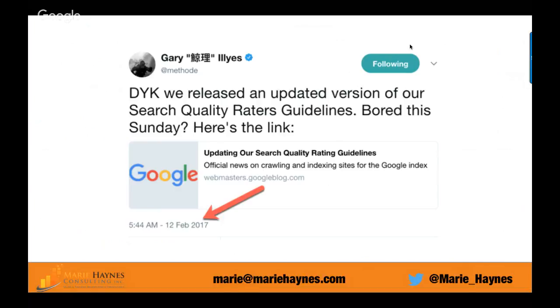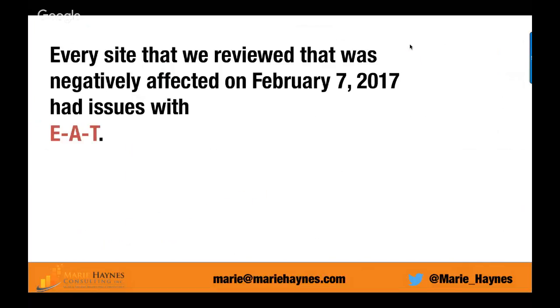Just a random reminder to perhaps read the Search Quality Raters Guidelines, which we're talking about now. And I had the chance to talk to Gary just recently, and I said, hey, when you tweeted this random reminder to read the Search Quality Guidelines, is it because the latest update was mostly about these guidelines? And he confirmed that, yes, this is the case. So every single one of these sites that we saw that saw drops on February 7th, 2017, had issues with something called EAT.